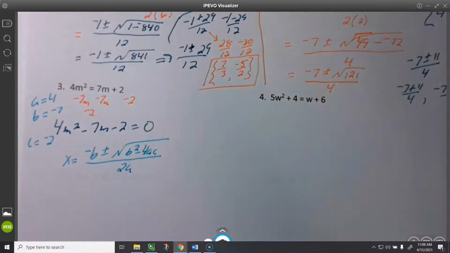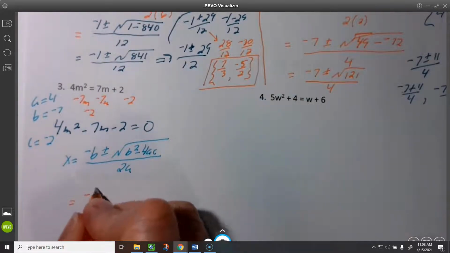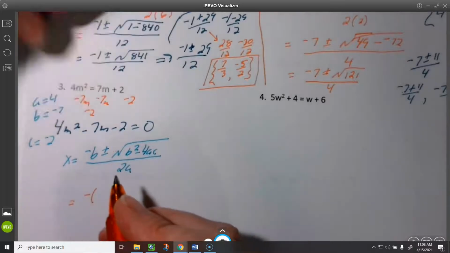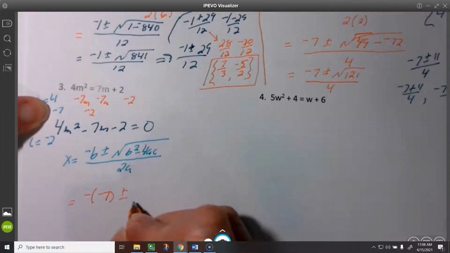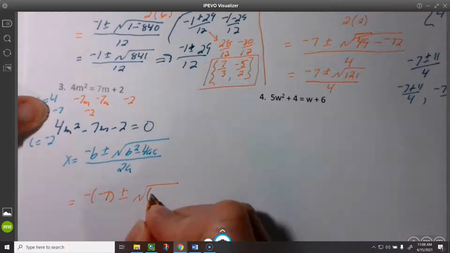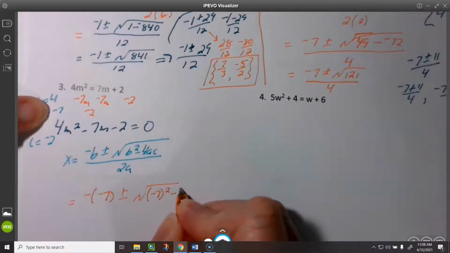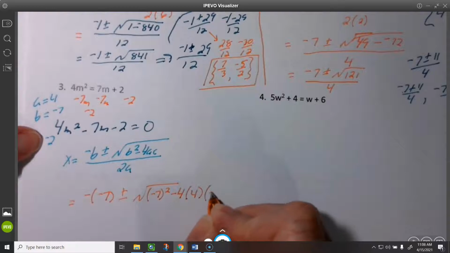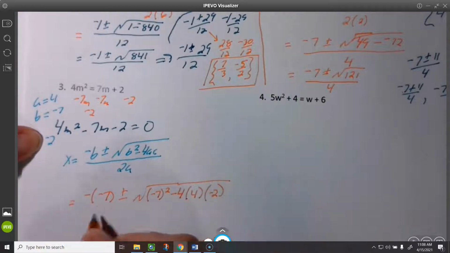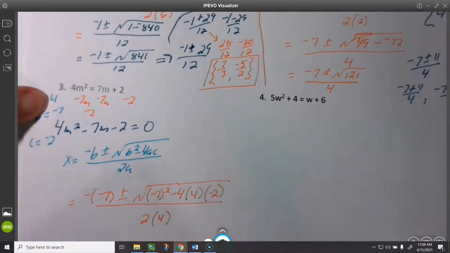Good. Okay, now we're going to plug that stuff in. Negative B, so negative 7, plus or minus the square root of B squared minus 4 times A times C, all over 2 times A.